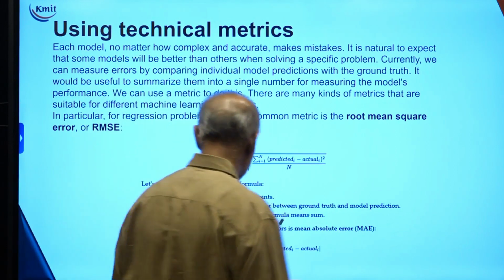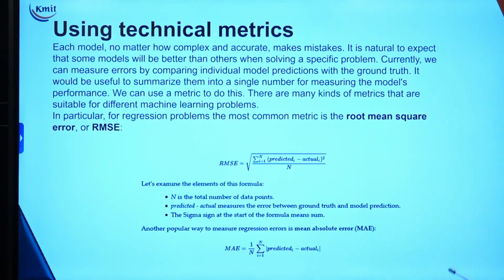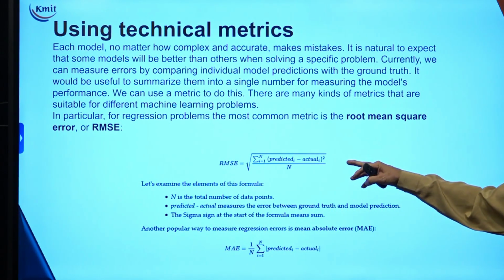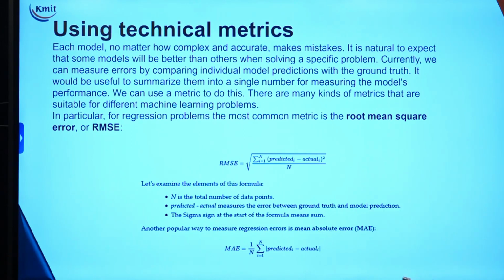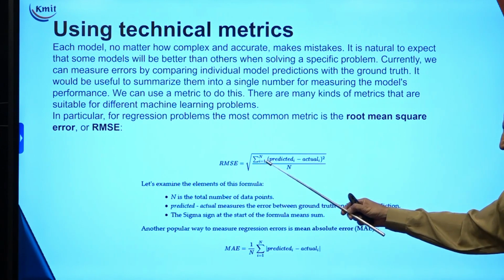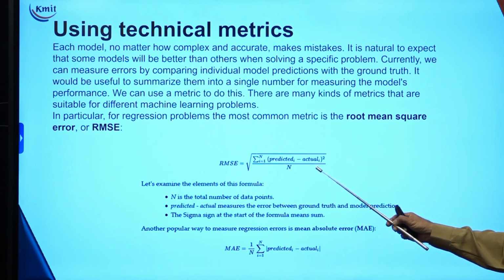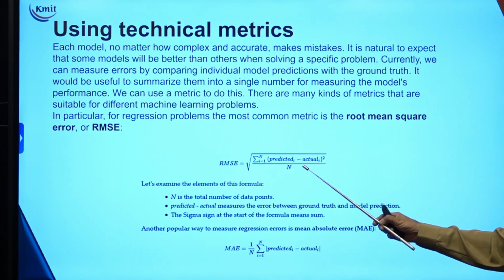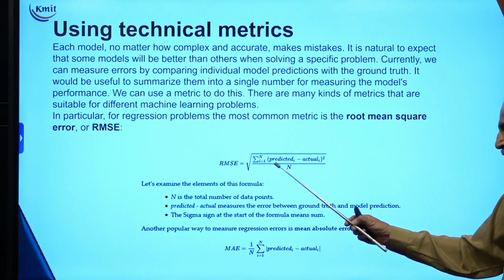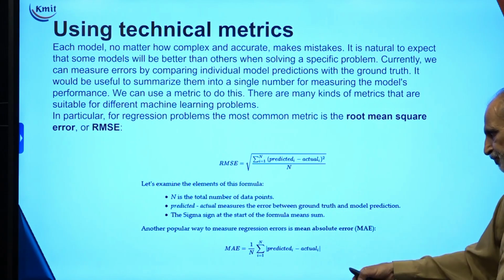So, if the predicted and actual are very close together, then my error will keep reducing. The sigma sign in the formula means the entire sum. So, you take the entire sum of predicted minus actual, square them, because the difference may be negative or positive, and when we are squaring, it will become positive, and then take the square root of that positive value.